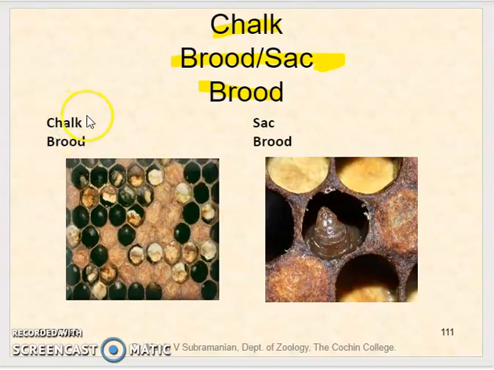If the colony is infected by chalk brood disease, then you can see a chalk-like appearance. You can see here as if we have inserted chalk inside this cell. And sac brood is somewhat sac-like. The contents will be like this without any proper capping.